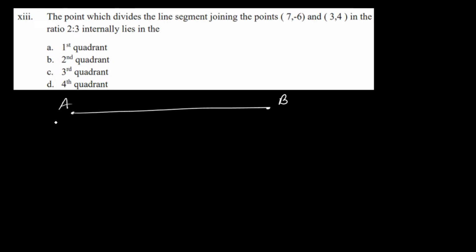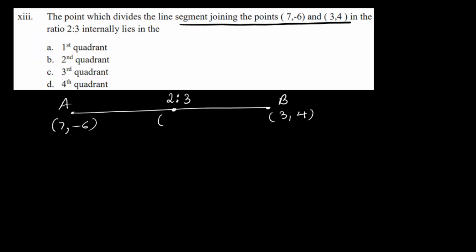Coordinates of the endpoints of the line segment given to us are 7, minus 6 and 3, 4. Whenever it's given as line segment joining the points, that means endpoints of the line segment are given to us, and it's getting divided by some point in the ratio 2 is to 3, suppose it is point P.